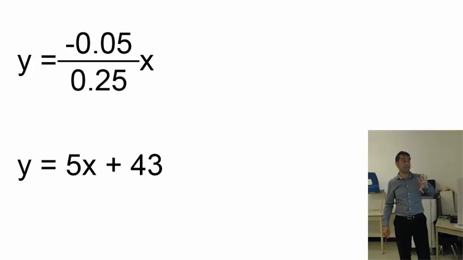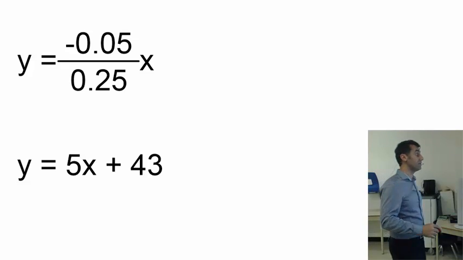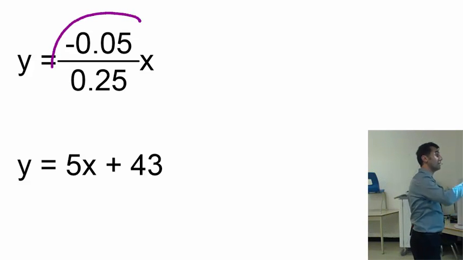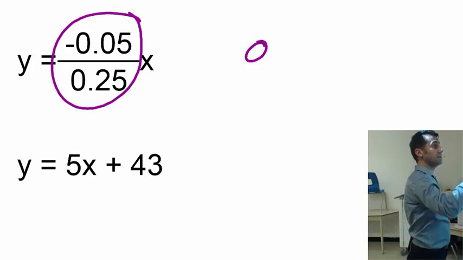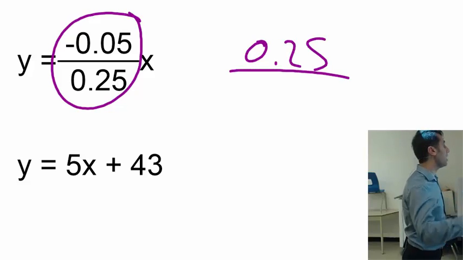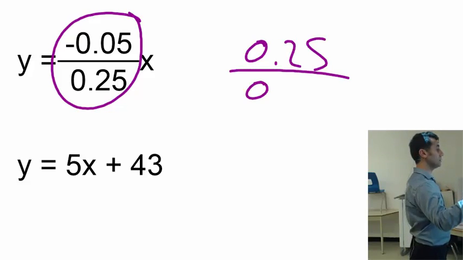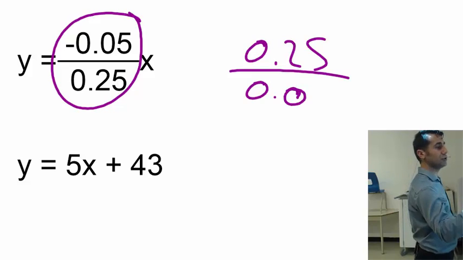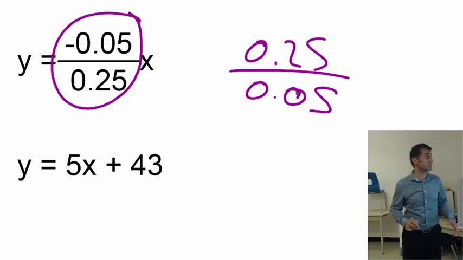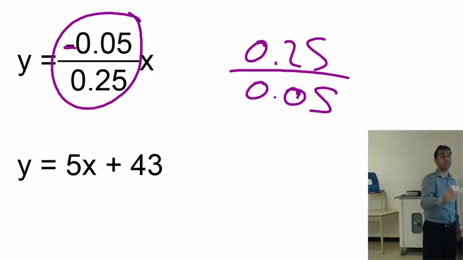This is a very, very weird example. But let's do it exactly the same way we did. If I want to create a perpendicular line to that, minus 0.25 will go up, 0.05, and the sign will be, we have the negative sign, positive.